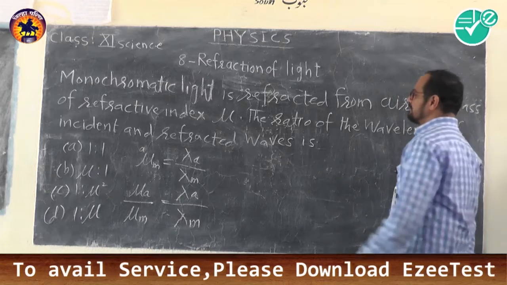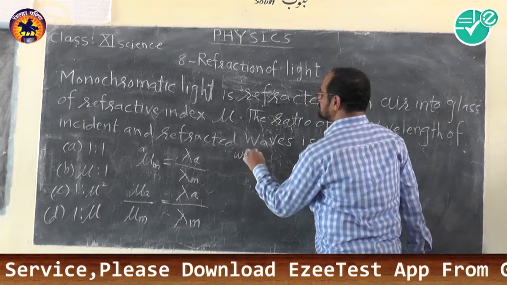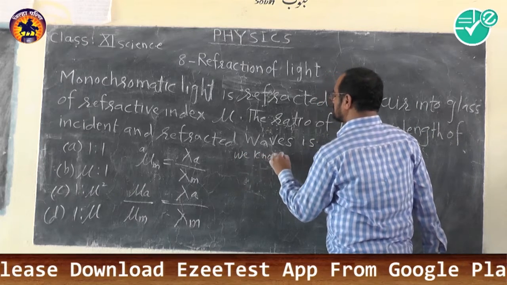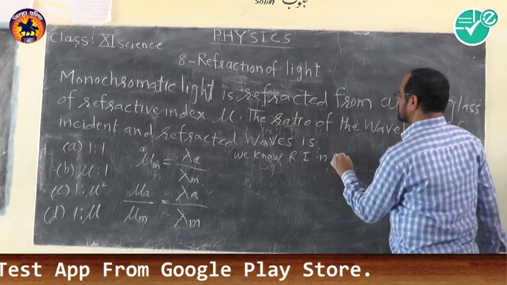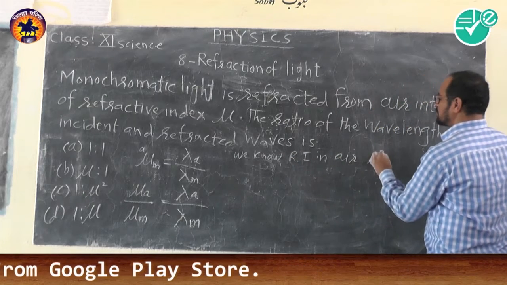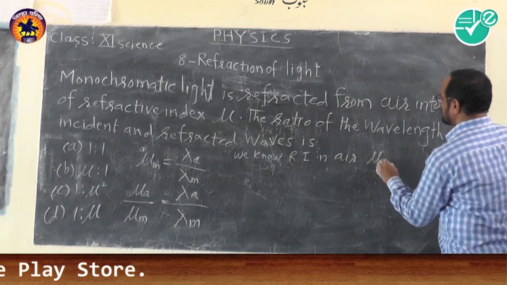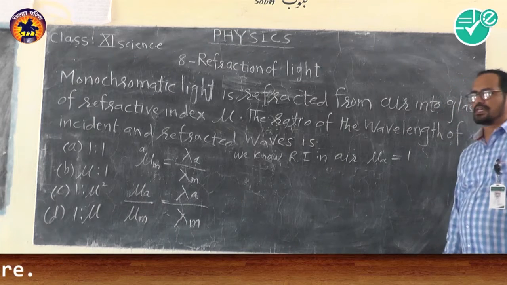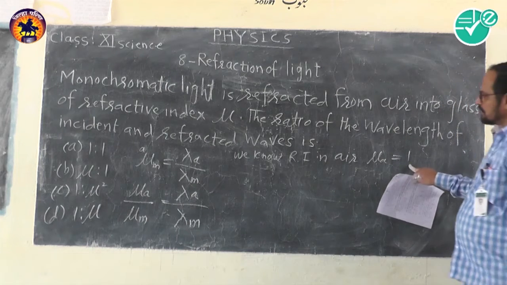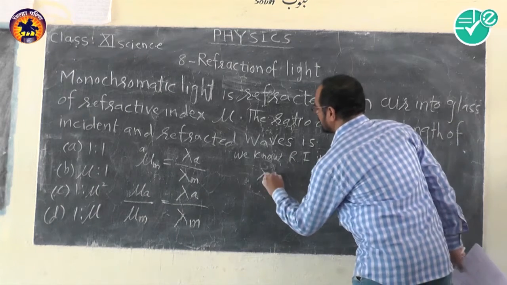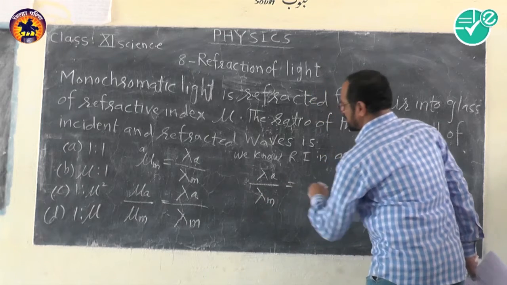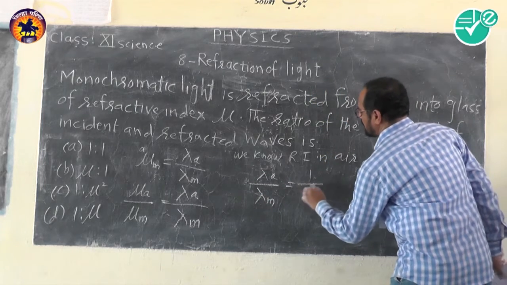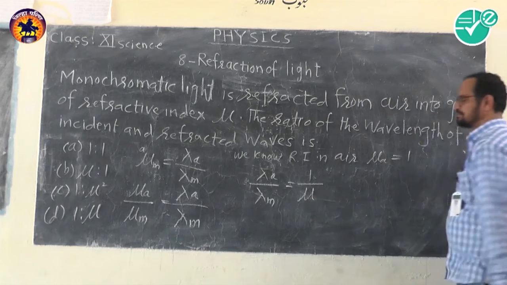Now we know the refractive index of air, mu a, is equal to 1. If we substitute this value, we obtain lambda a upon lambda m equal to 1 upon mu m, or mu.